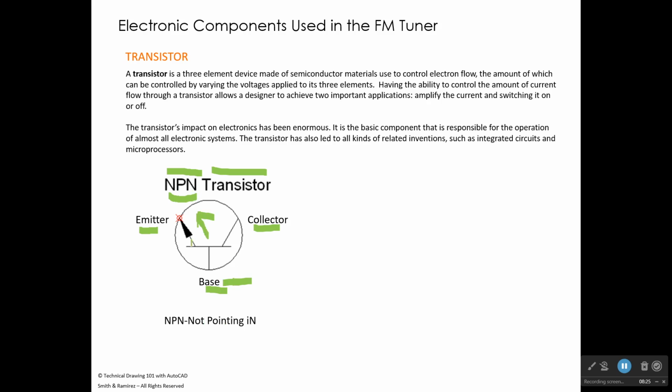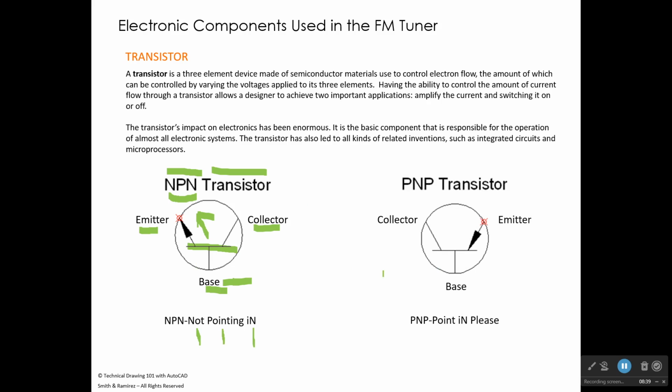This is the base right down here, this guy. So one of the ways they teach electronics technicians to remember this is they say "not pointing in." All right, that helps them. That's a little mnemonic to help you remember an NPN transistor.